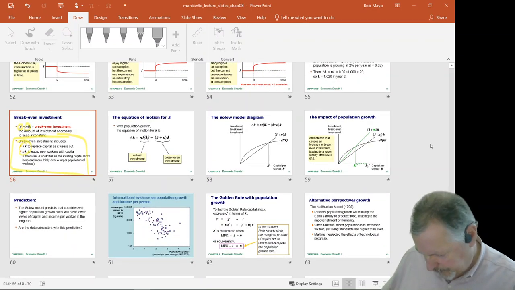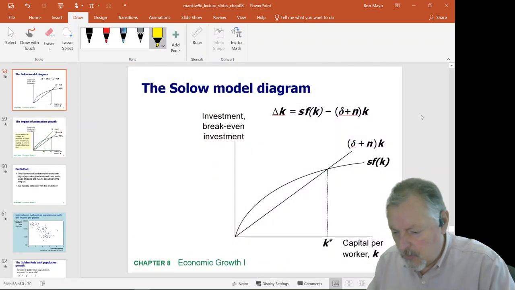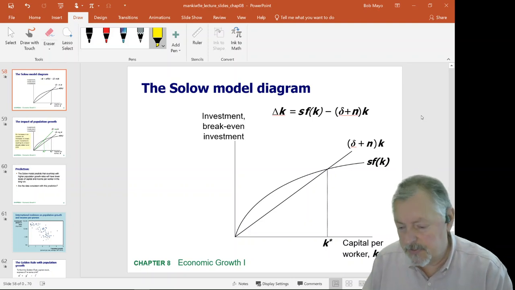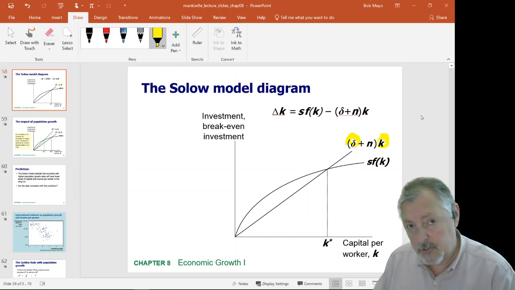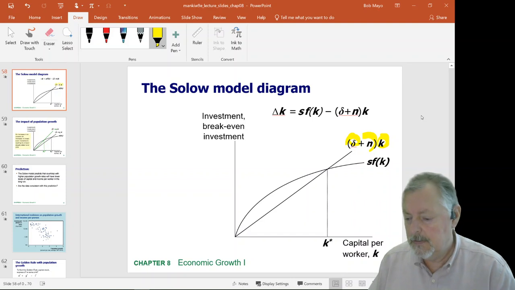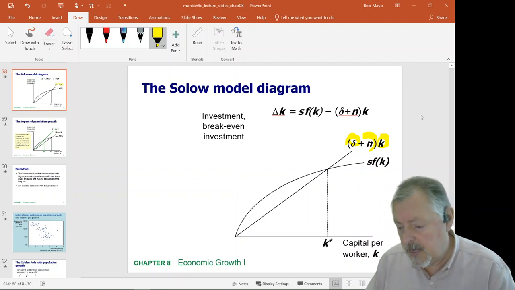Let's see. Here. Now, to keep the level of capital constant, you need to replace not just the fraction of capital that depreciates every term, but also the amount you need to keep the capital per worker the same.